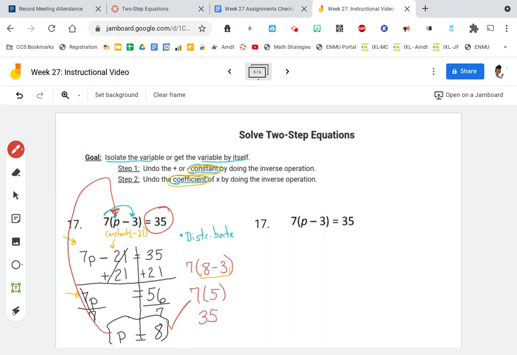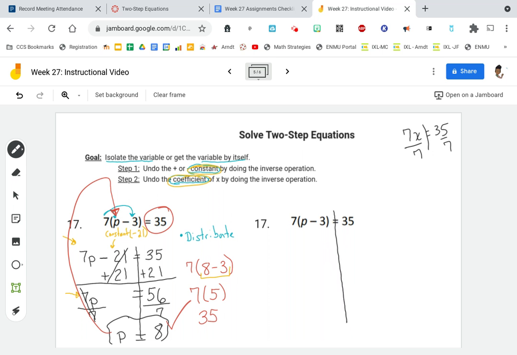Let me show you an alternate way to solve the same problem. So notice this says 7 times p minus 3. Well, if I just had something like 7x equals 35, how we would solve that is we would divide both sides by 7, right?